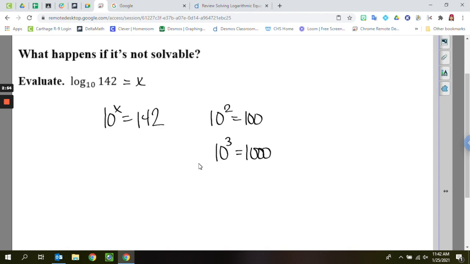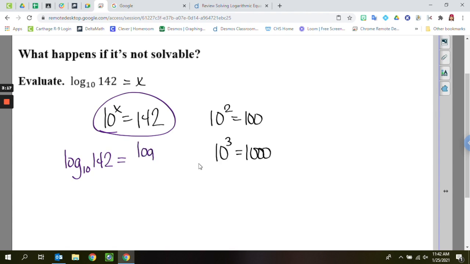So instead of rewriting it as an exponential function, which in this case is not solvable, unless you just really, really want to try to find that decimal number, we take this and we rewrite it to the following.